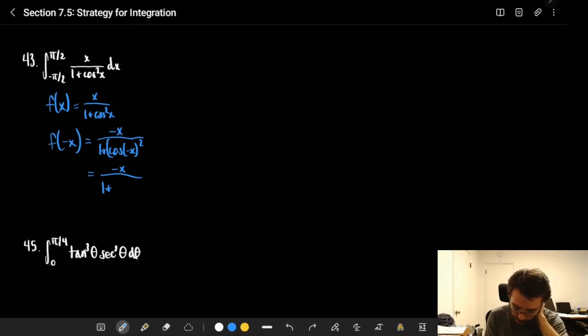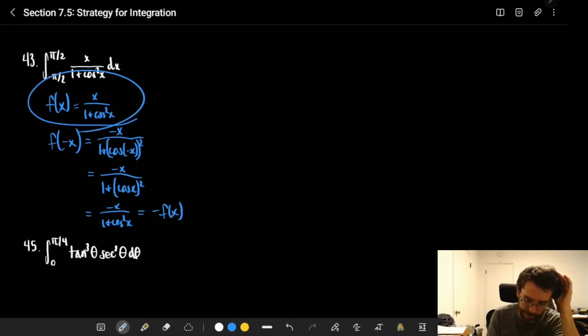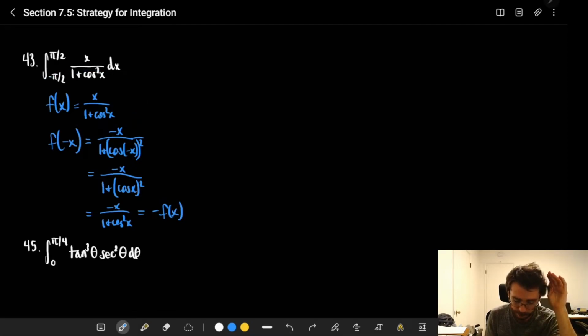Well, cosine itself, let's be a little careful here. Cosine's even, so cosine of negative x matches up with cosine of x. So this is just negative x over 1 plus cosine squared. But that's exactly negative f of x, if you make this negative. Yeah, so this is odd, which means this is 0.